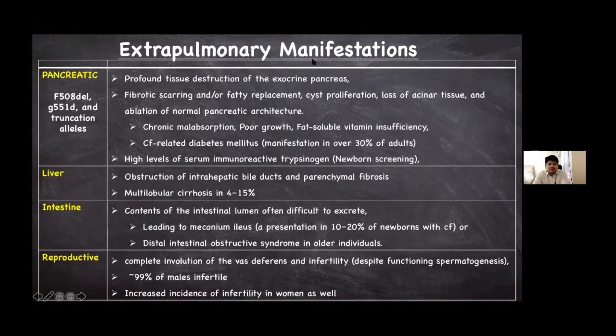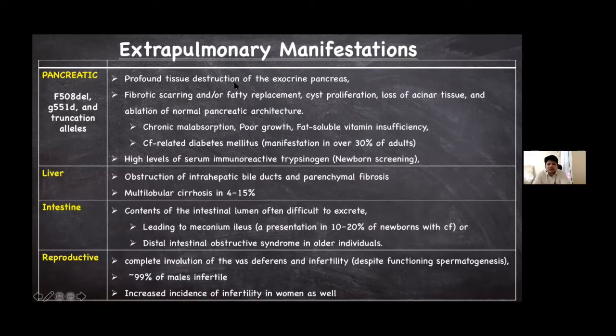Coming to the extrapulmonary manifestations, pancreatic is the second most common manifestation. What happens there is a profound tissue destruction of the exocrine pancreas. There will be fibrotic scarring or fatty replacement, cyst proliferation, loss of acinar tissue, and ablation of the normal pancreatic architecture.